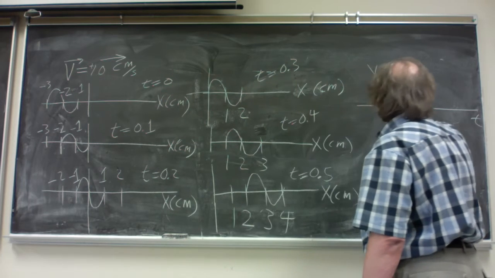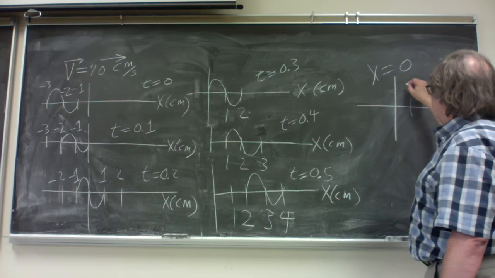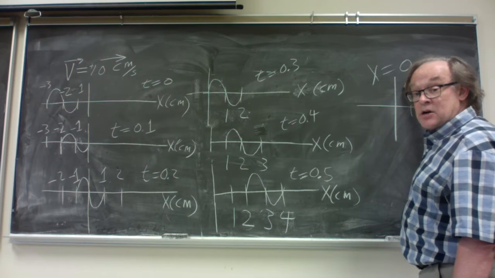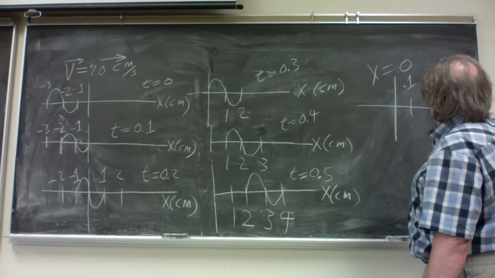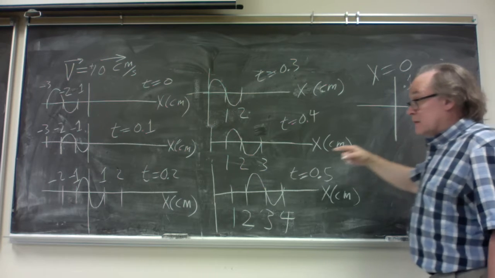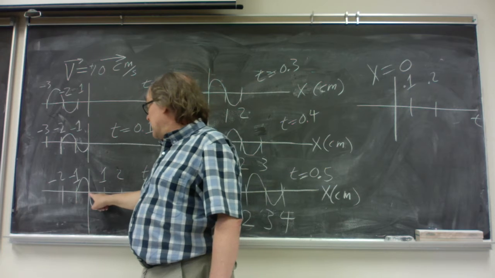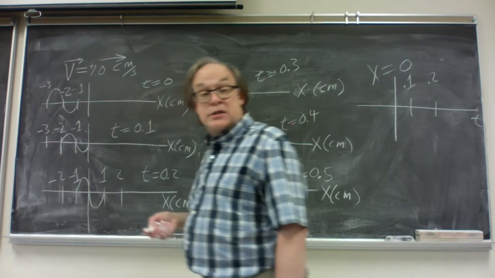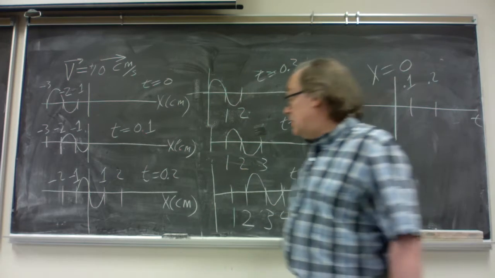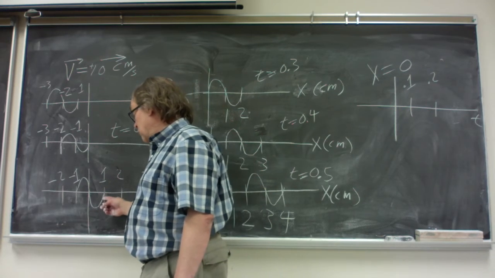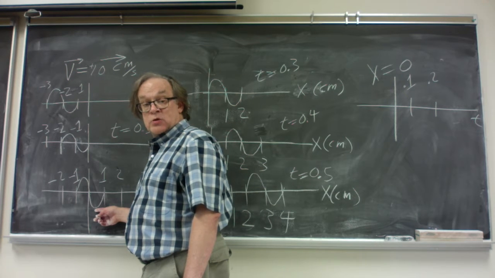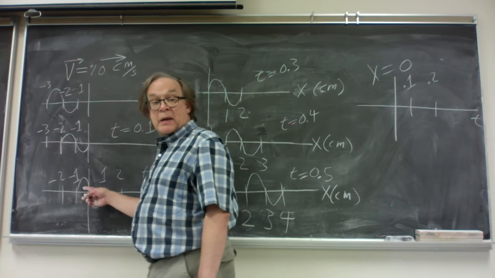So here's the 0.1 second mark, that's when things start happening. And at the 0.2 second mark, the front half of the pulse has finished moving through the x equals 0 point. So what happens when this front edge of the pulse passes through? First it pulls that little mass at x equals 0 down, and then pulls it back up to equilibrium.